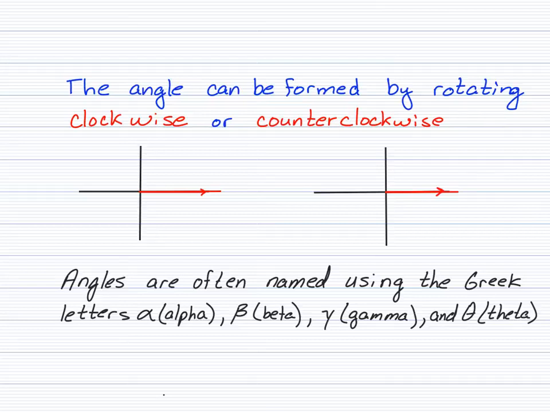You can also rotate an angle counterclockwise going this way. And angles are often going to be named using Greek letters: alpha, beta, gamma, and theta, theta being the most commonly used name for an angle.